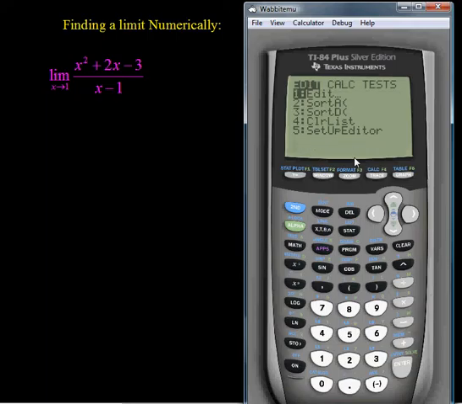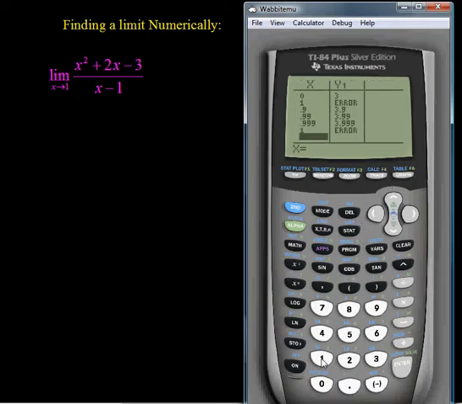How about 1.02? Then we get 4.01, and how about 1.001? And we get 4.001. Okay, so you can see that as you come in from the left and from the right, the y value is getting closer and closer to 4.